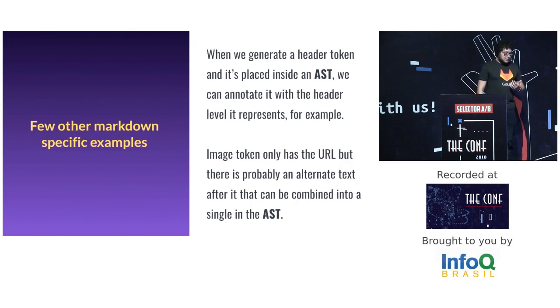Other examples here, more Markdown oriented: if we find a header, we want to annotate whether this is a level 1, level 2, level 3 header, etc. The same goes for images. We may have a pattern that finds the URL that is marked as an image, followed by some syntax that defines the alternate text.